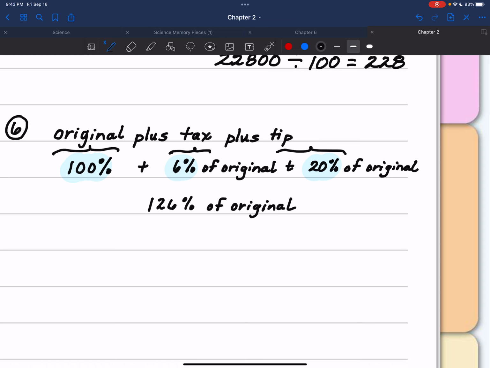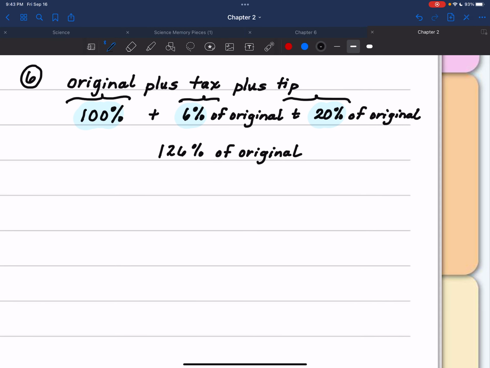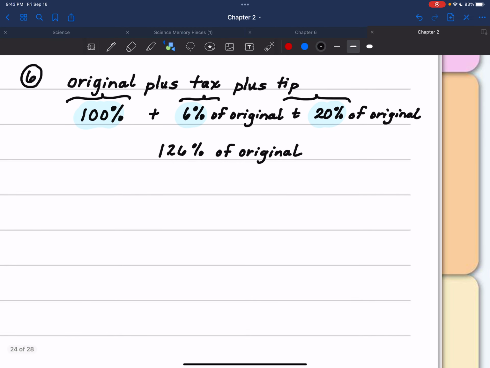Okay, so let's put this into a proportion, where 126 is our percent, the 100 is built in, and the "of" is the original. That's the part that we don't know yet. Let me just do it this way for this particular problem.